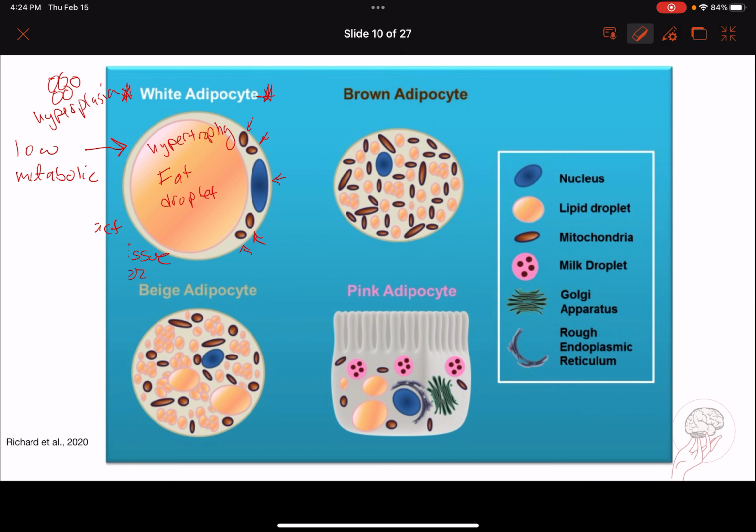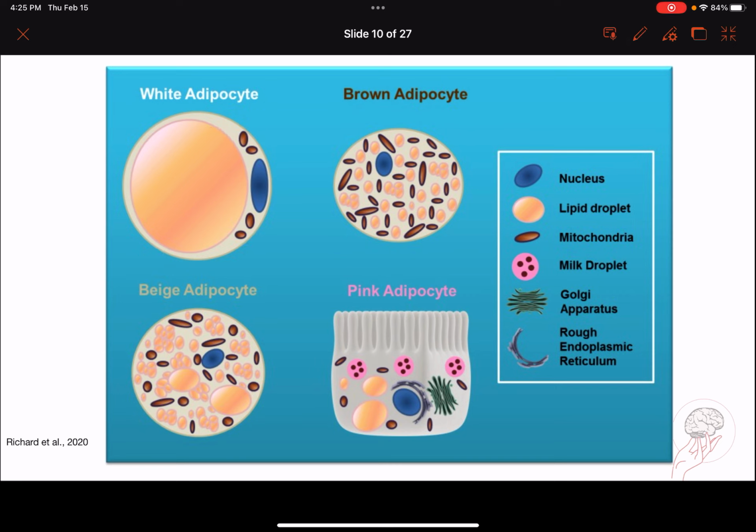Okay, let's erase this really quick. So the other one you might be familiar with is the brown adipocyte. So notice the fat droplets are small. And there's a lot of mitochondria.